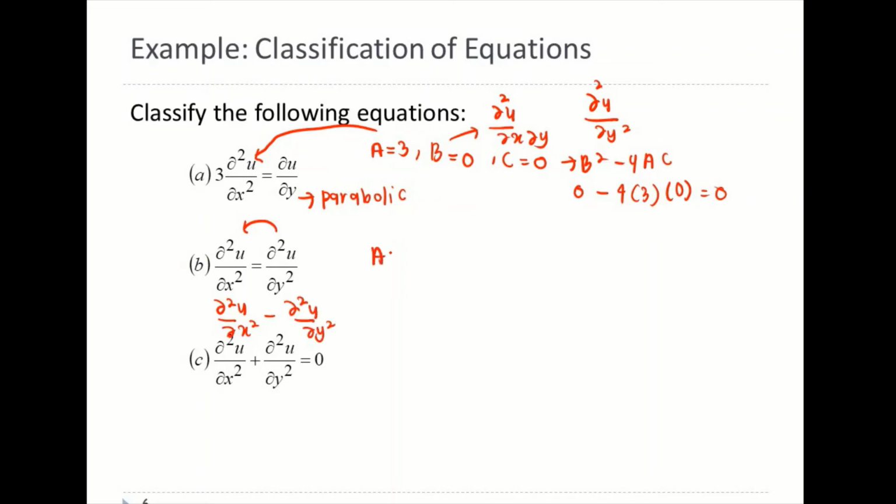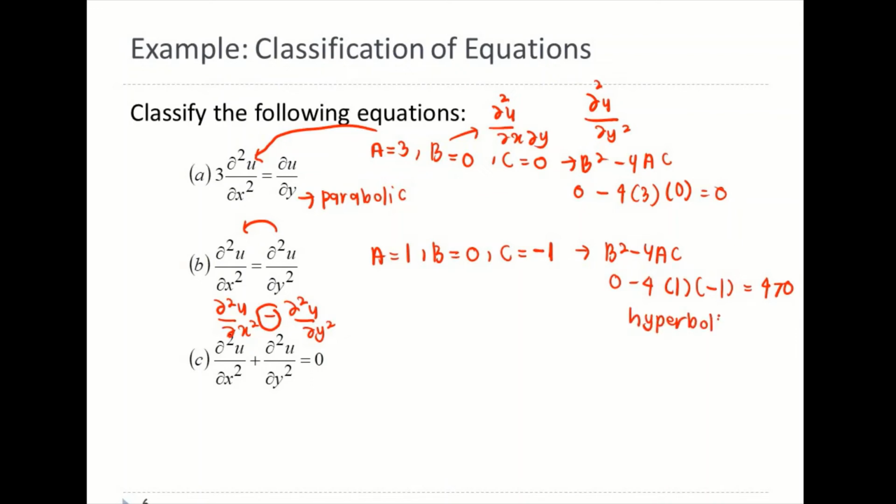When I substitute, A equals 1, B is 0 since we don't have the delta x delta y term, and C equals negative 1, taken from delta squared u over delta y squared. Substituting into b squared minus 4ac, b squared is 0 minus 4 multiplied by 1 multiplied by negative 1, so we get 4. 4 is greater than 0, which means this equation is hyperbolic.